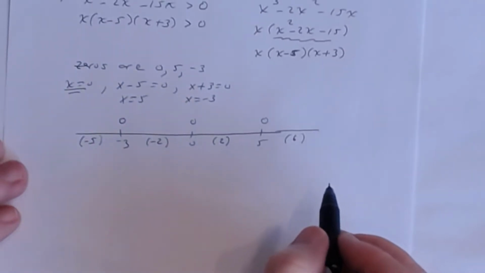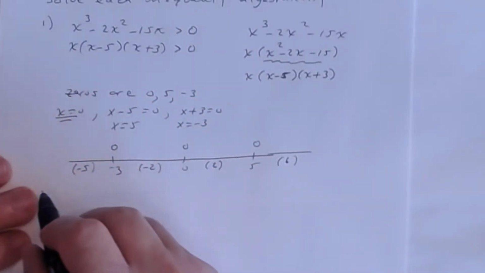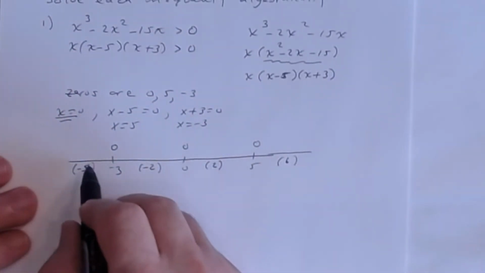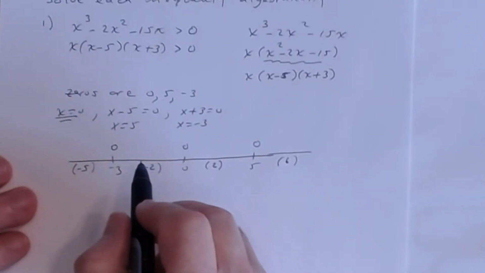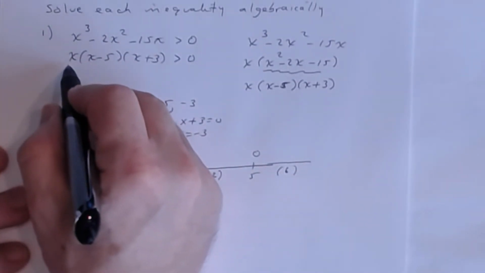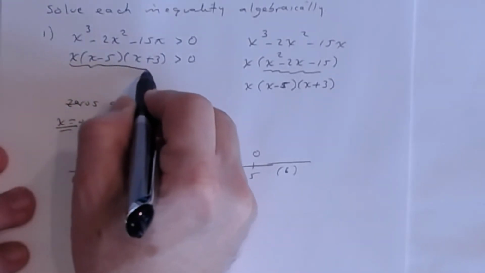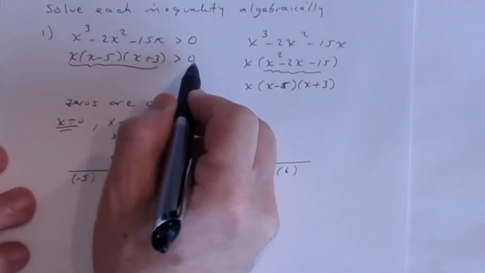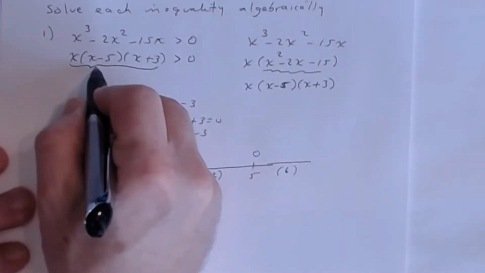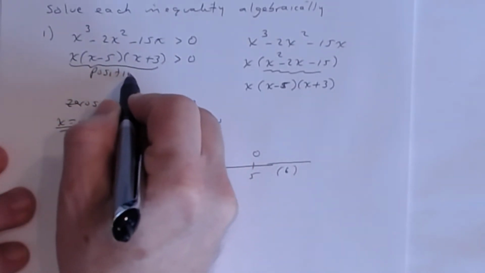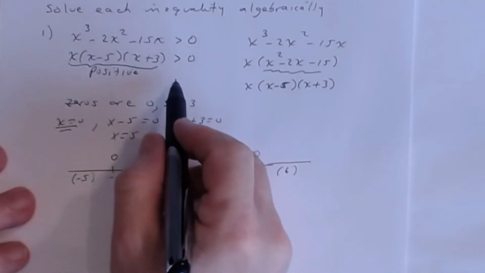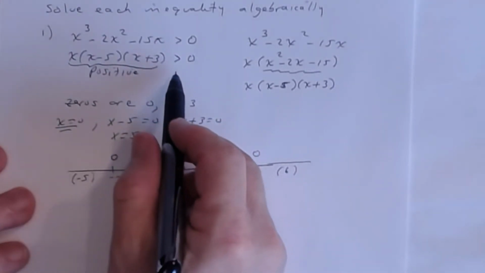Okay? Now, what you're trying to do is determine which of those intervals will provide solutions. And when I say solutions, I mean what values of x will make this left-hand side greater than 0. Remember, greater than 0 means positive. Now, since there's no equal sign, that's a strict inequality.